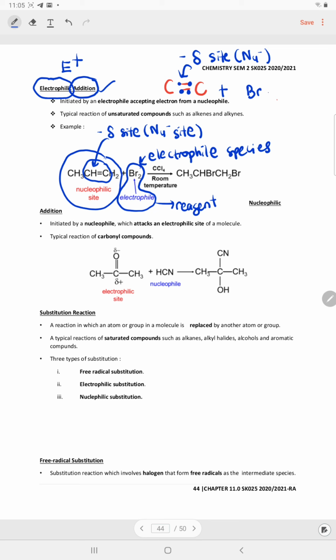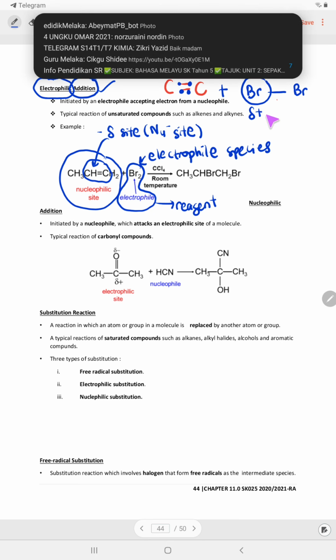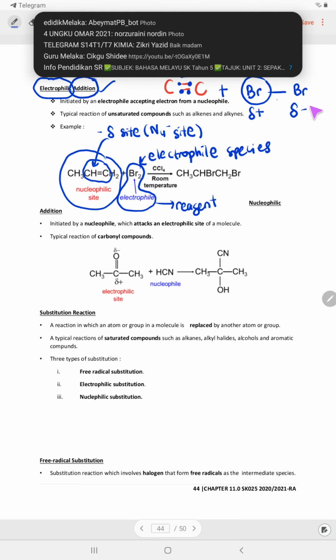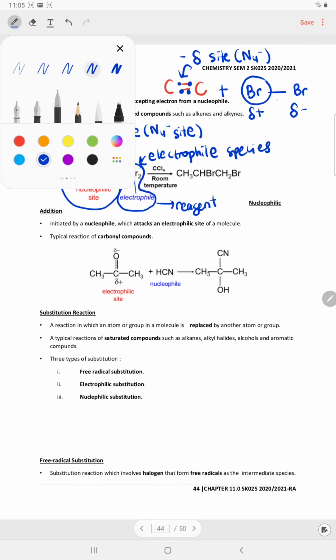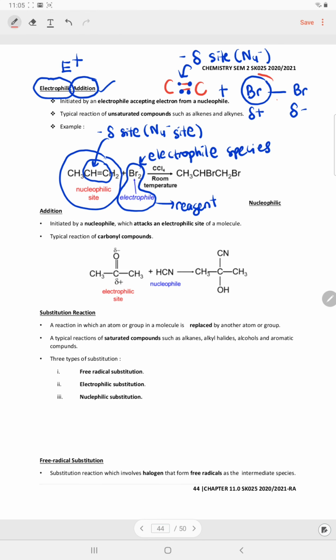For example, we use a bromine molecule. Both bromine atoms in the molecule have the same electronegativity, so one of the bromine atoms will become partially positive and the other partially negative. When the species adds to the carbon double bond, we identify the partially positive side as the one added to the carbon-carbon double bond.